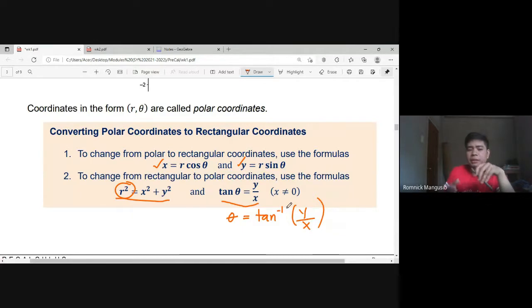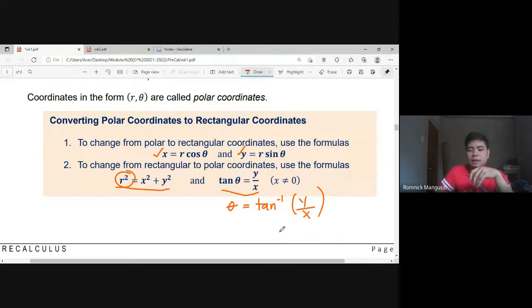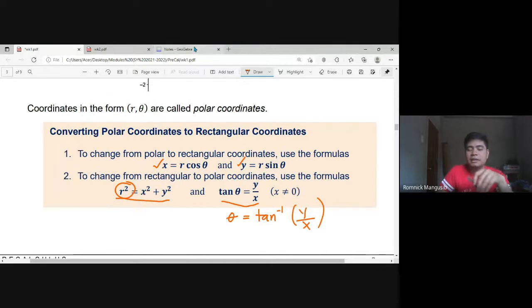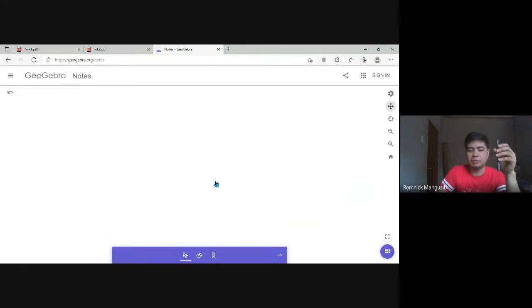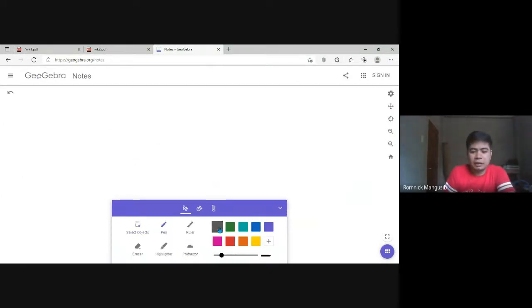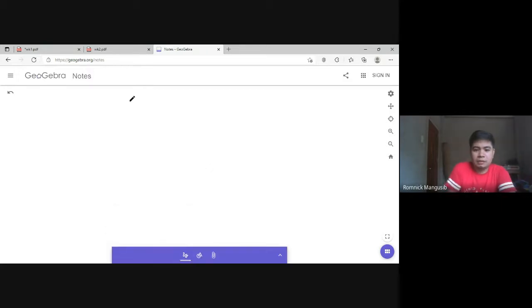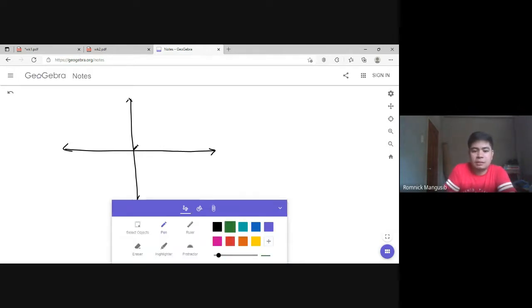Pero paano mo ba ito maintindihan pagdating sa coordinates? Pagdating sa illustration ng coordinates, ang ibig niyang sabihin ay ganito. If you have this xy plane, and let's say this is point A and the other is point B, and then you connect them, di ba?